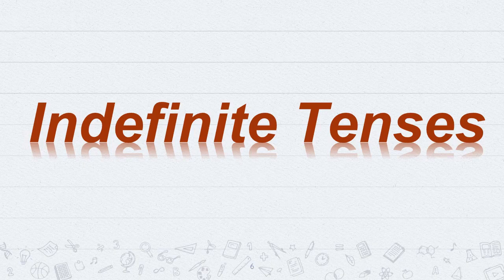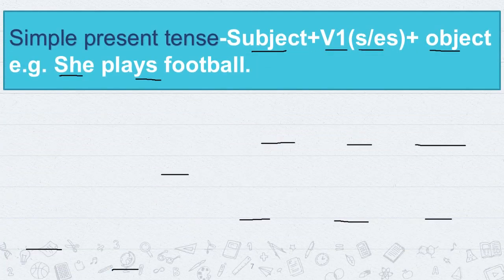Now, we are going to do indefinite tenses. Simple present tense: we use subject plus verb first form, or verb first form plus s or es, plus object.